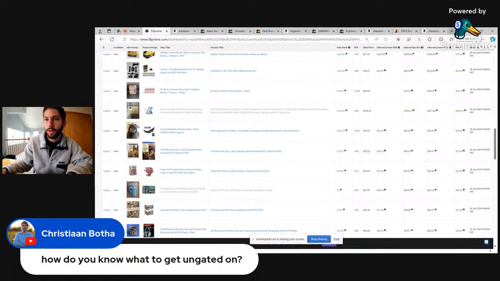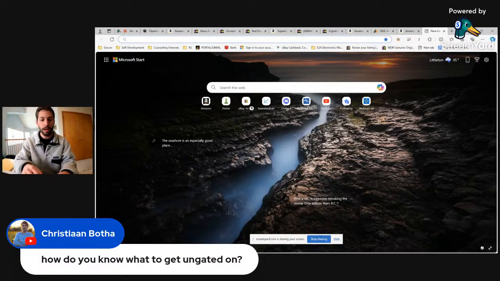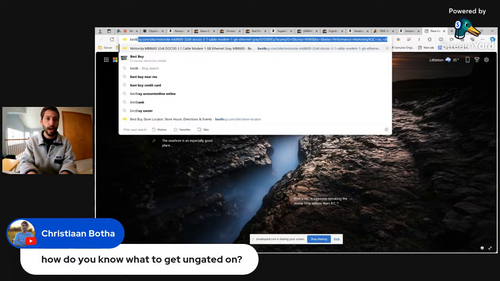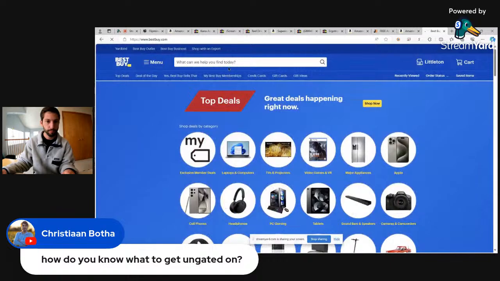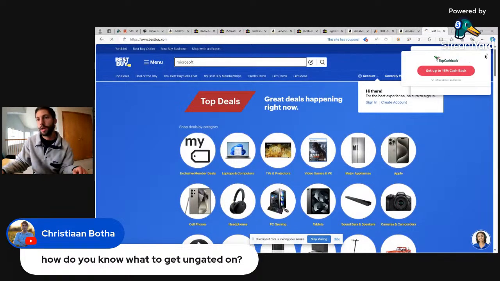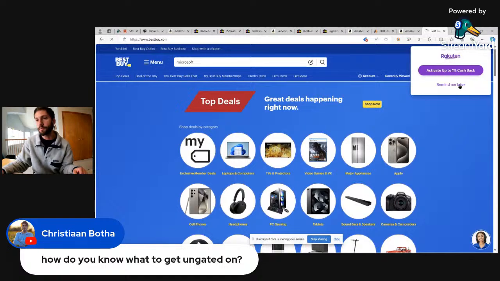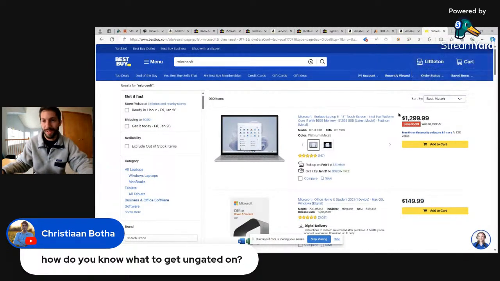And there's a lot of different ways you can get ungated. But I have heard that you can get ungated from Best Buy. So I'm pretty sure Best Buy has Microsoft items. So you could go to Microsoft, and then for ungating, you need to buy 10 units. Which is very daunting when you type something in and the first thing you see is a $1,300 laptop.